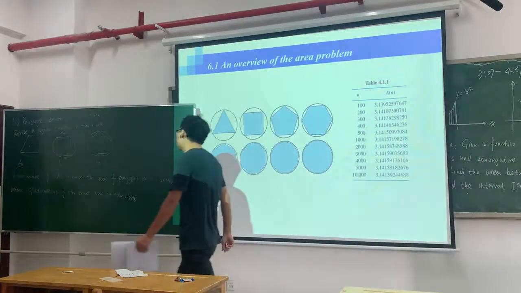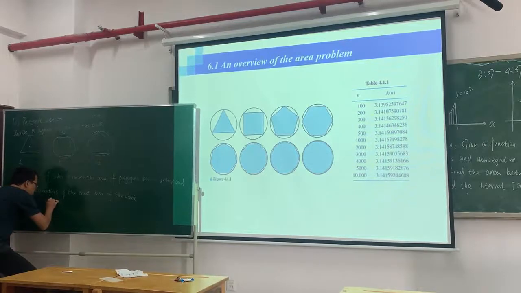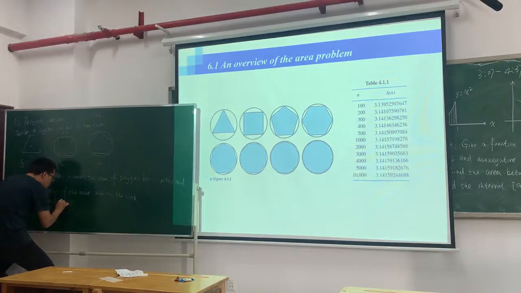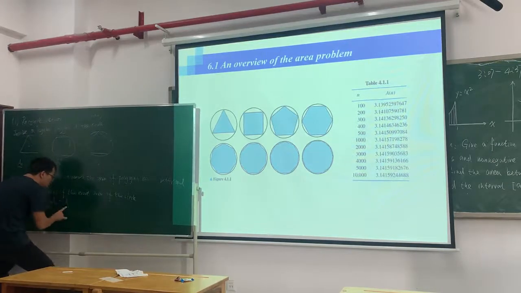So we have a conclusion. The conclusion means that when n goes to plus infinity, the limit of A_n is actually the area of the circle.